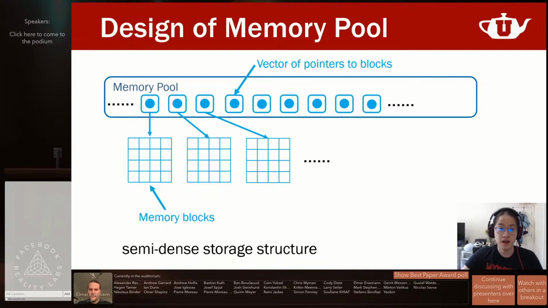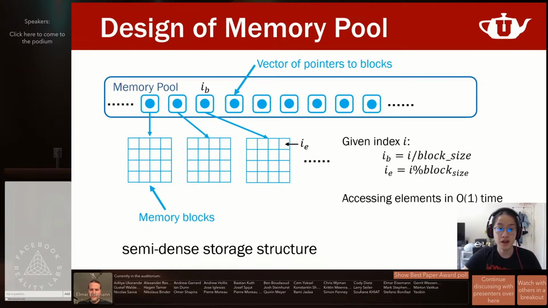Each block packs up a certain number of elements so they can be stored together. The block is the minimum unit of memory application. This structure inherently assigns a unique index to each element and allows us to access, create, and delete an element in constant time.